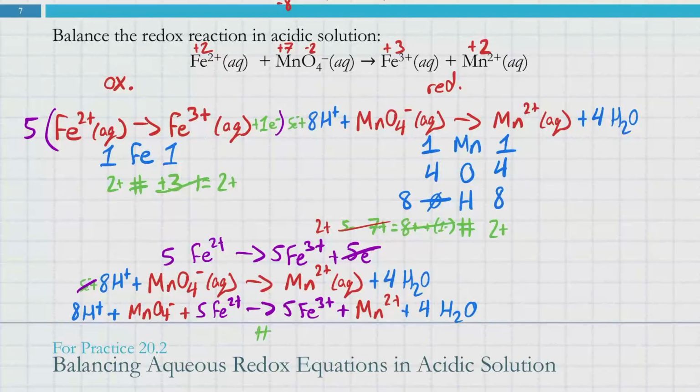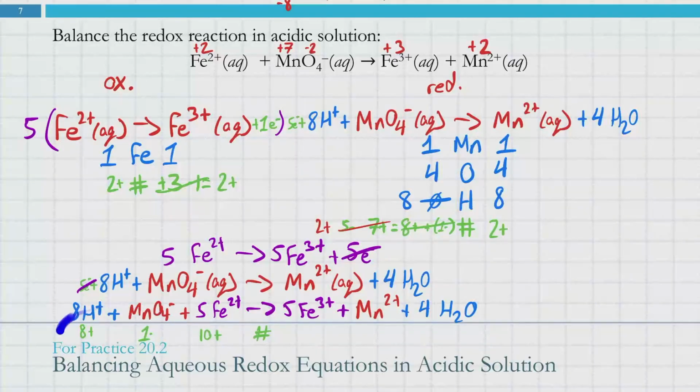And now we'll just double check for charge. We've got 8 times 1 plus. So that's 8 plus. Should write that over here. Our permanganate, we've got 1 minus. Our 5Fe2 plus, we've got 10 plus.